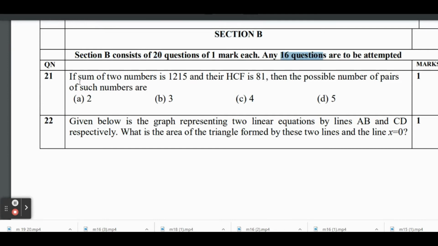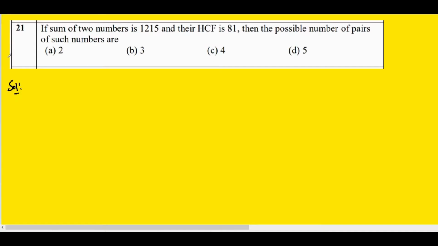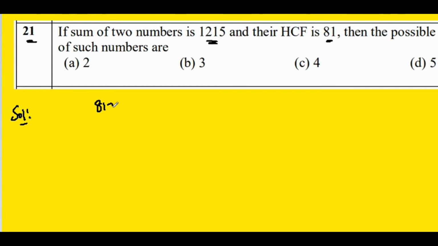Question number 21. The sum of two numbers is 1215 and their HCF is 81. Then the possible number of pairs of such numbers are? Let us discuss the solution for 21st question. The sum of two numbers is 1215 and HCF is 81. So if we take the two numbers as 81x and 81y, the sum of the two numbers will become 81x plus 81y, which should be equal to 1215.